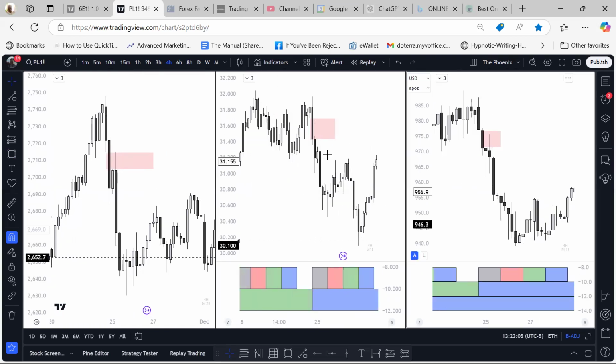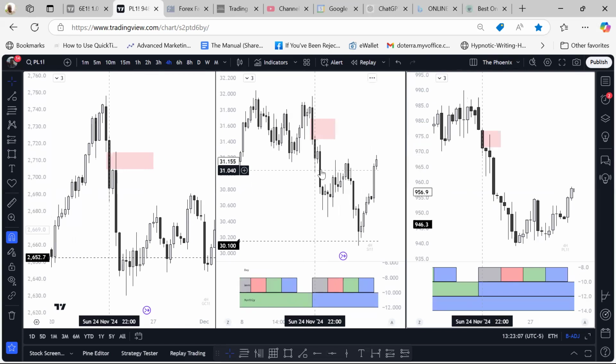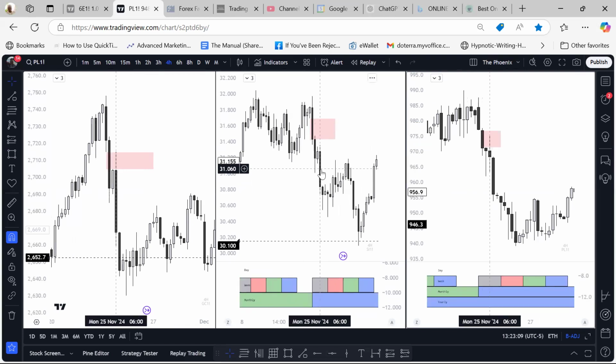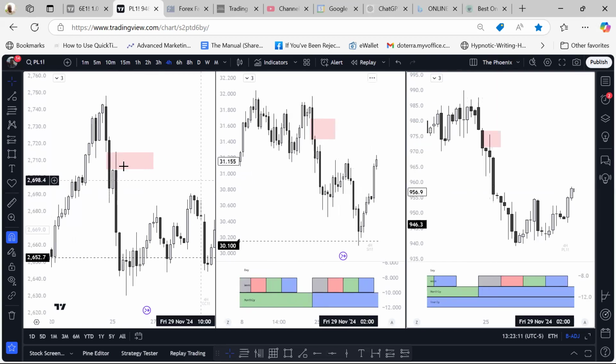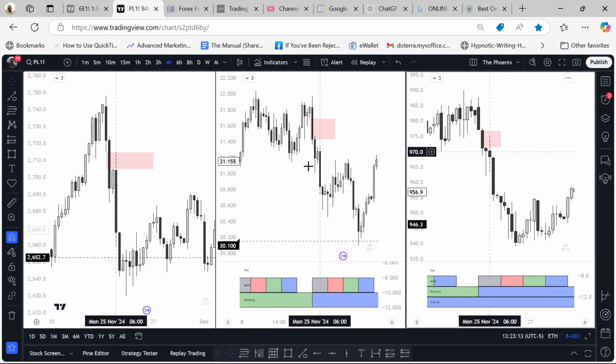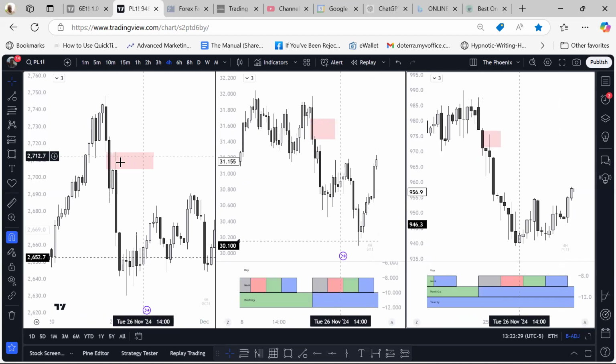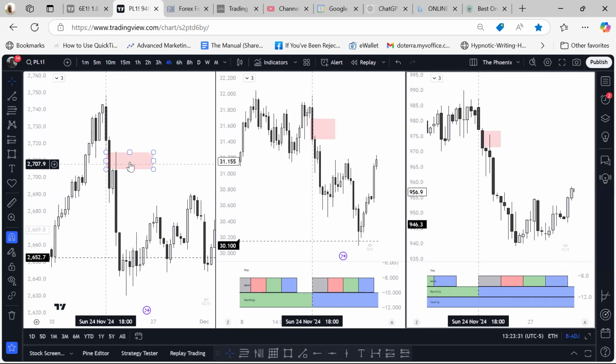All right, so if we notice, price on the 6 o'clock candle traded back into the fair value gap on gold and on platinum, while on silver it failed to reach back into here. So that's the cracking correlation. Also, once you see that happening, where price is already in here and isn't even attempting to go here, you can look for your entry inside of the gap from a lower time frame.